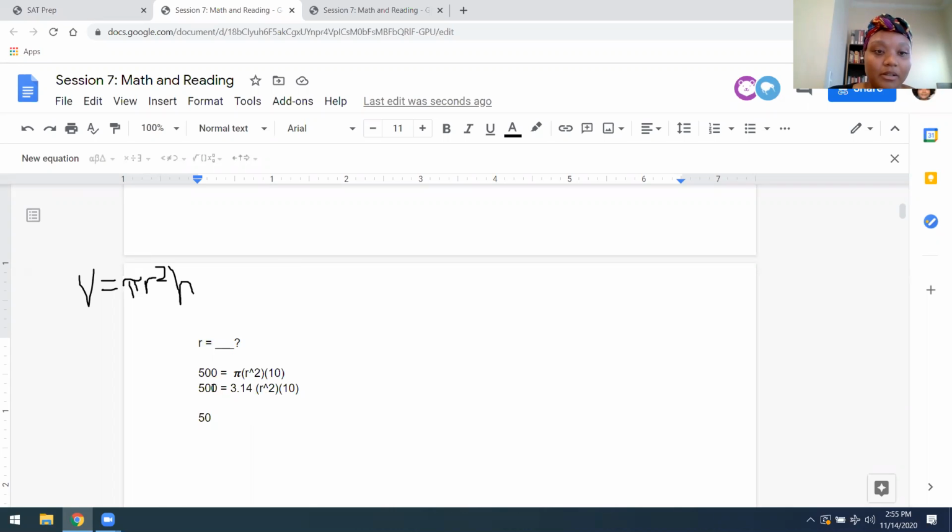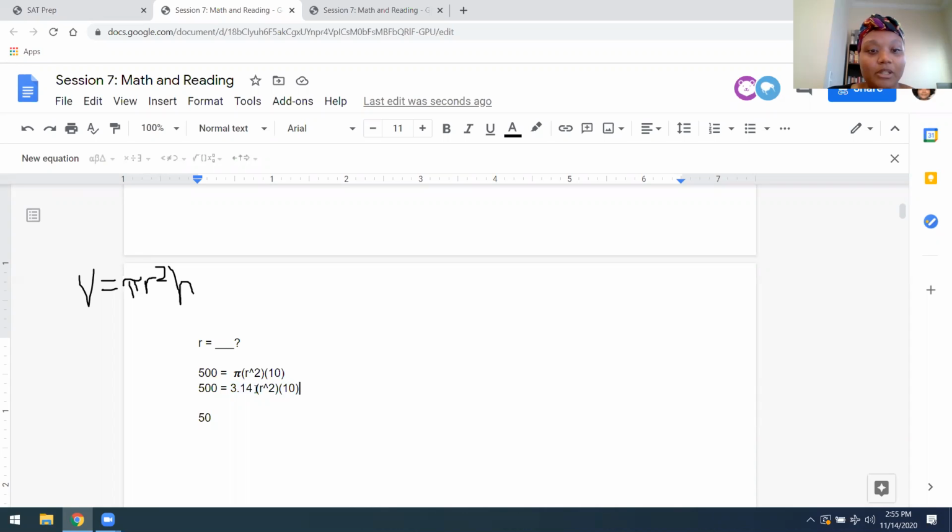So here, we see that 500 equals this that's on the right side of the equal sign. And what's being done to the variable R is that, firstly, it's being multiplied by itself, or raised to the power of 2. Then it's being multiplied by 3.14, or pi. Then it's being multiplied by 10.